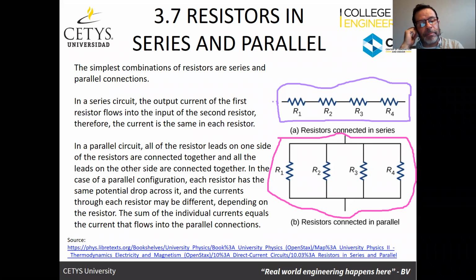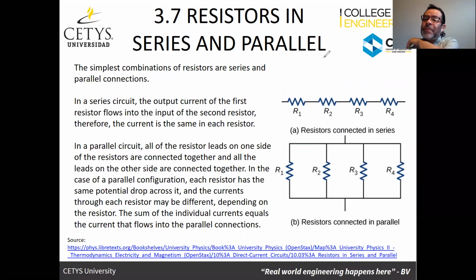Now, there are important things with resistors in series and in parallel, which, by the way, we already mentioned in capacitance. They apply for series or parallel connections regardless of whether we have a resistor or a capacitor.